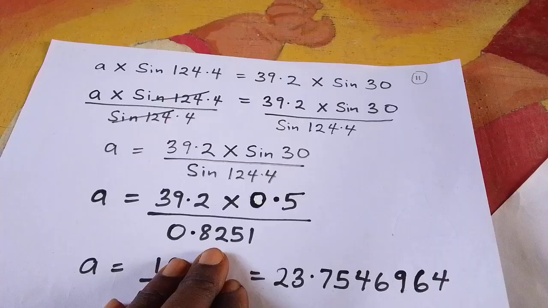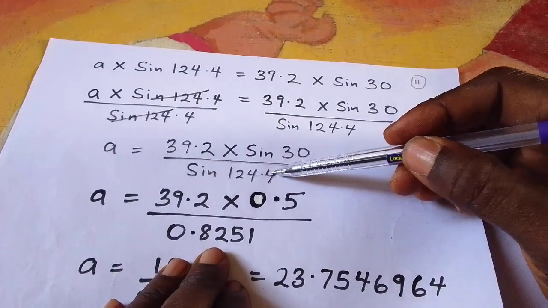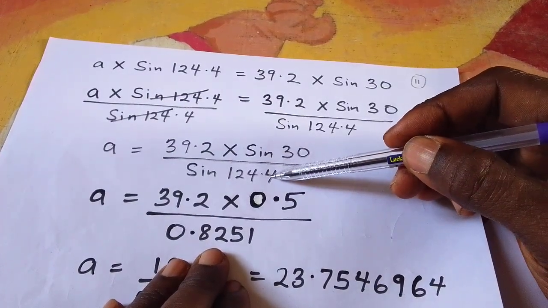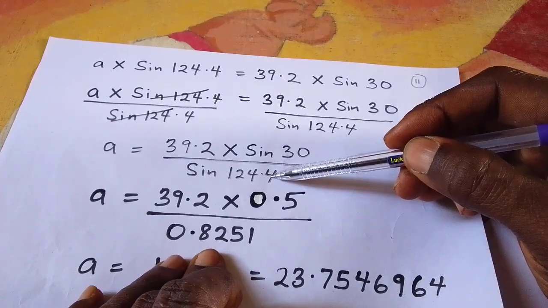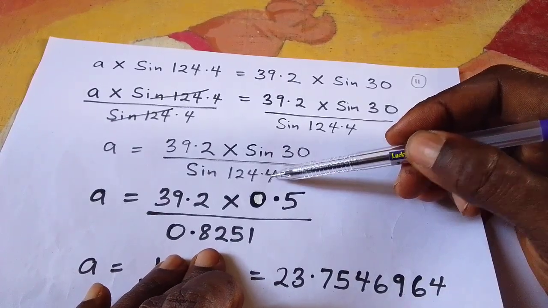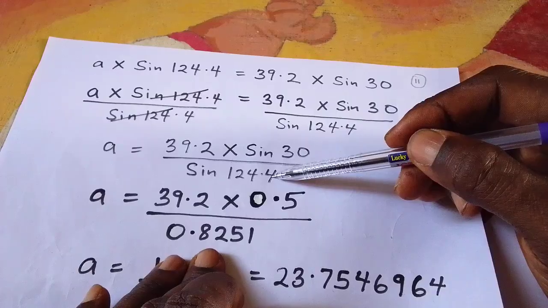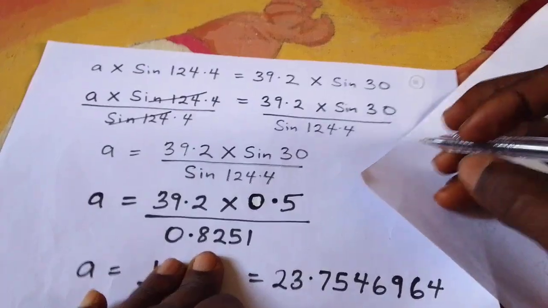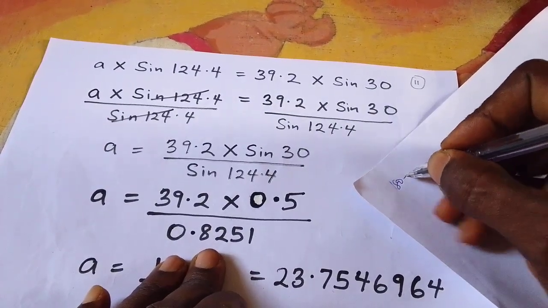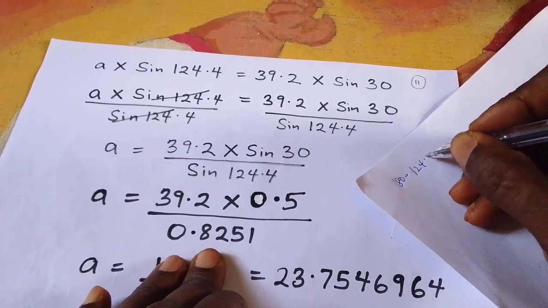Because of that, you first determine which quadrant this is. The quadrant of 124 is the second quadrant. To get the equivalent in the second quadrant, you say 180 minus 124.4.